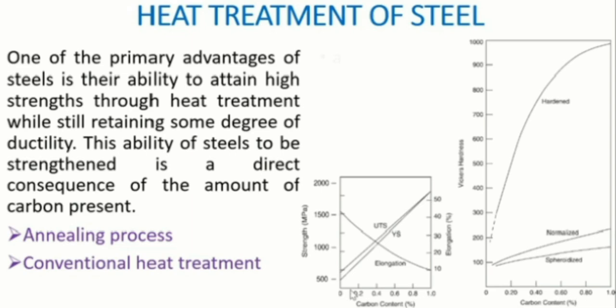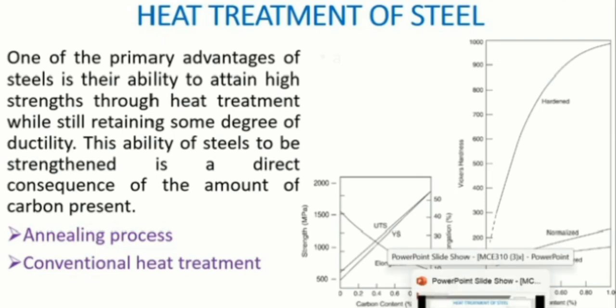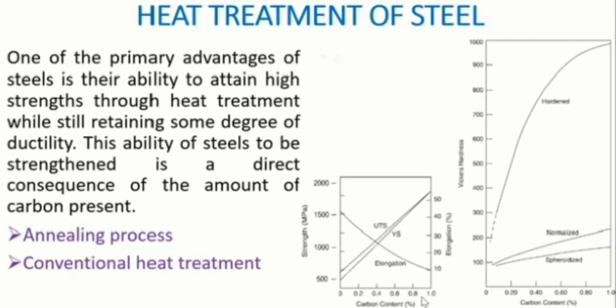So this is telling us that the strength of steel depends on carbon content. Or I will say the strength of steel or cast iron, because for steel the carbon content is from 0 to 2%, while cast iron is from 2 to 4%. Right?